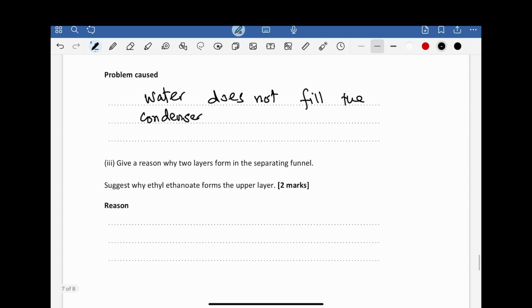3. Give a reason why 2 layers form in the separating funnel. Suggest why ethyl ethanoate forms the upper layer. So the reason why 2 layers formed in the separating funnel is because both liquids are immiscible. Ethyl ethanoate ester is immiscible in water.